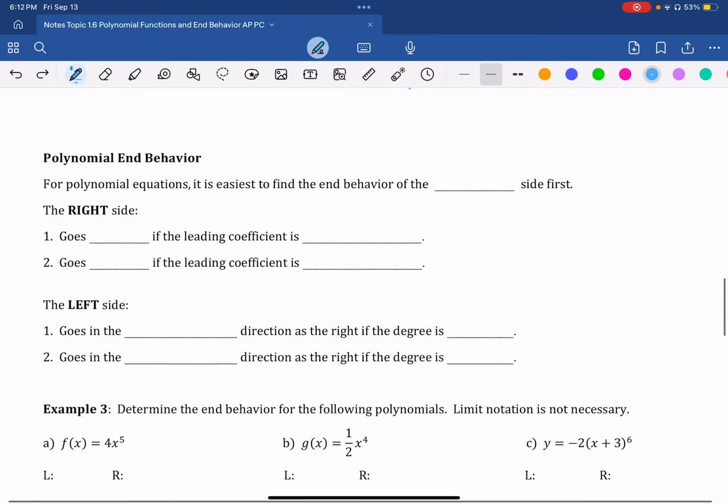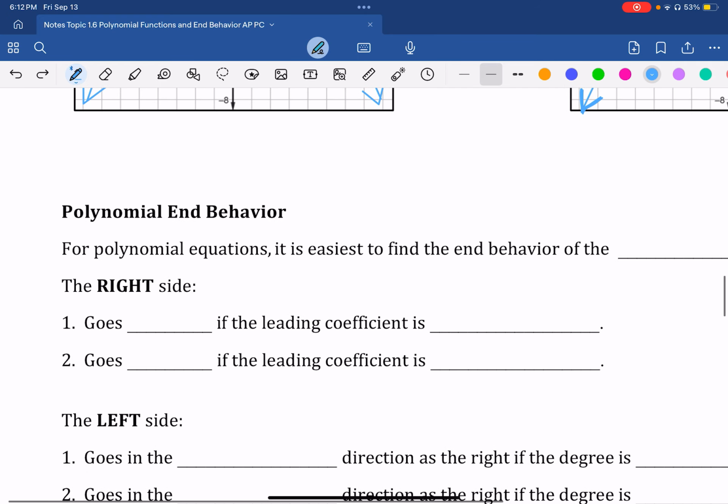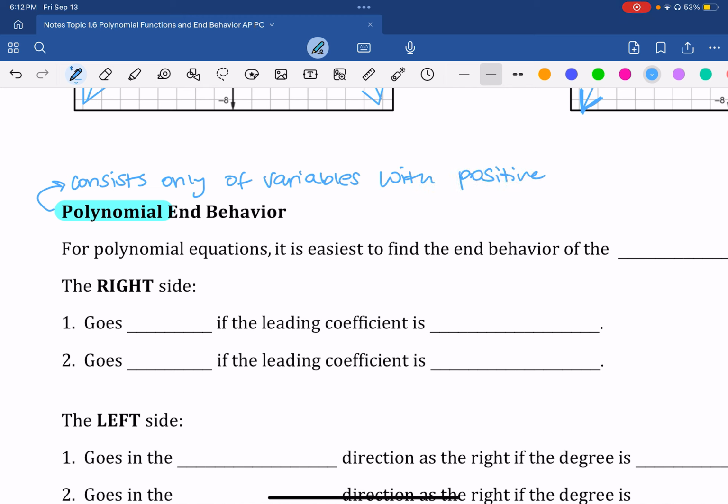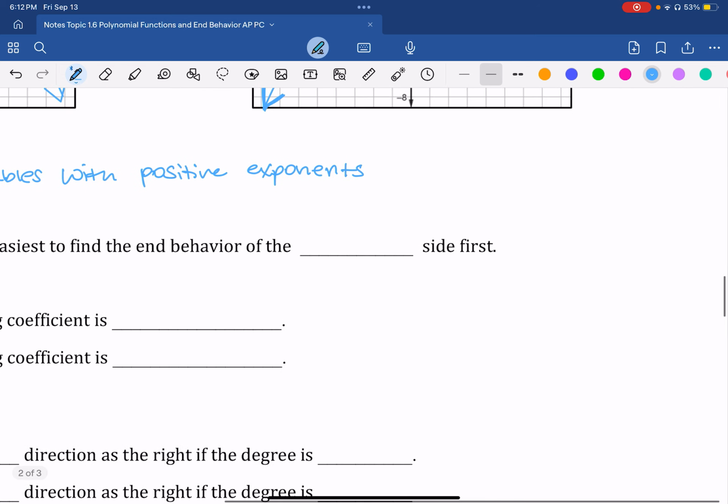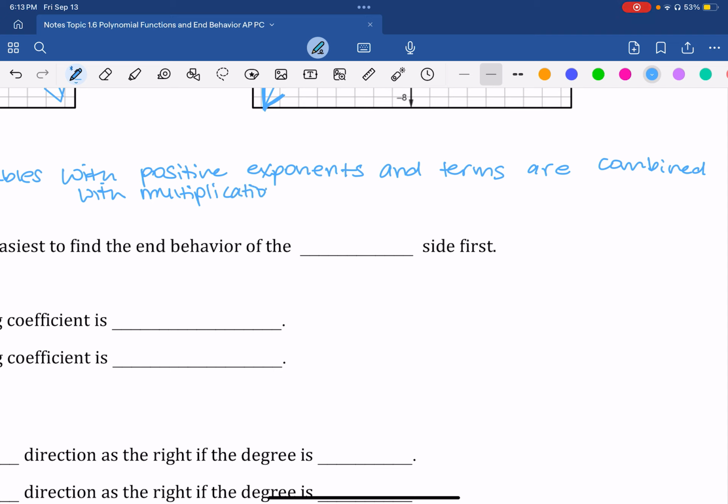Polynomial end behavior. Before we discuss this, I want to go over what a polynomial is. A polynomial consists only of variables with positive exponents, and the terms are combined with multiplication, addition, and subtraction.